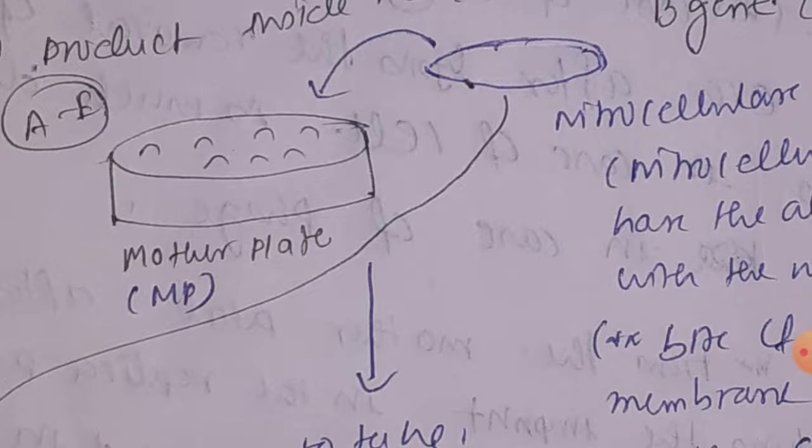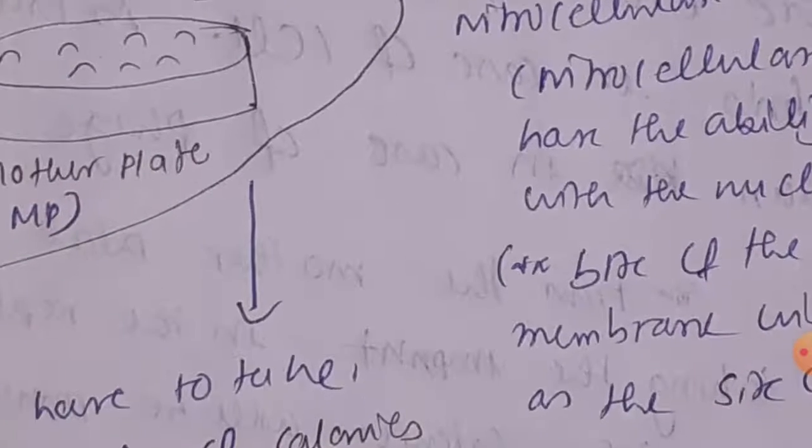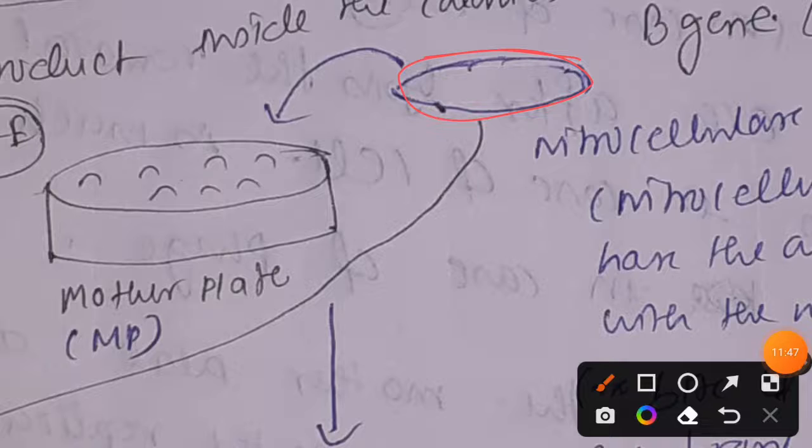After that you will use this membrane, that is the nitrocellulose membrane, to take an imprint of those colonies that are present in the mother plate. Okay, just like replica plating. Okay, so as a result the colonies will be on our nitrocellulose membrane.